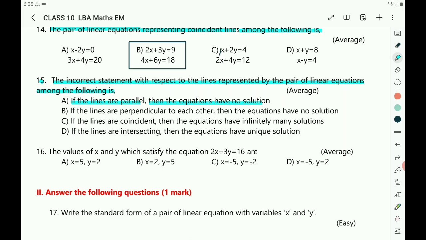Therefore, this is the incorrect statement. Then what is the answer? The incorrect statement is this one.